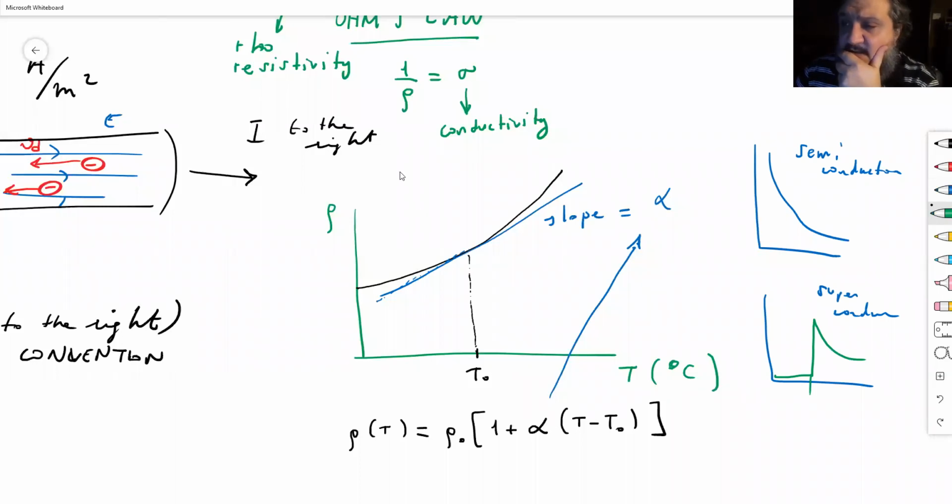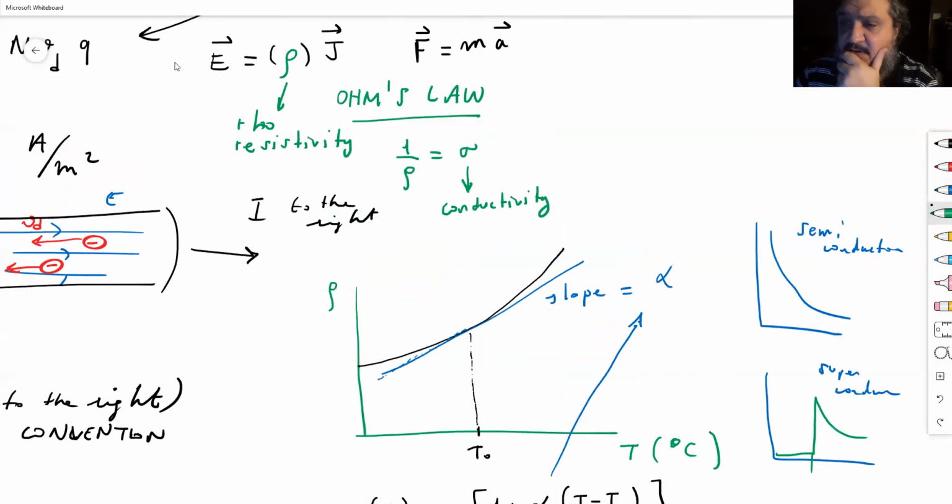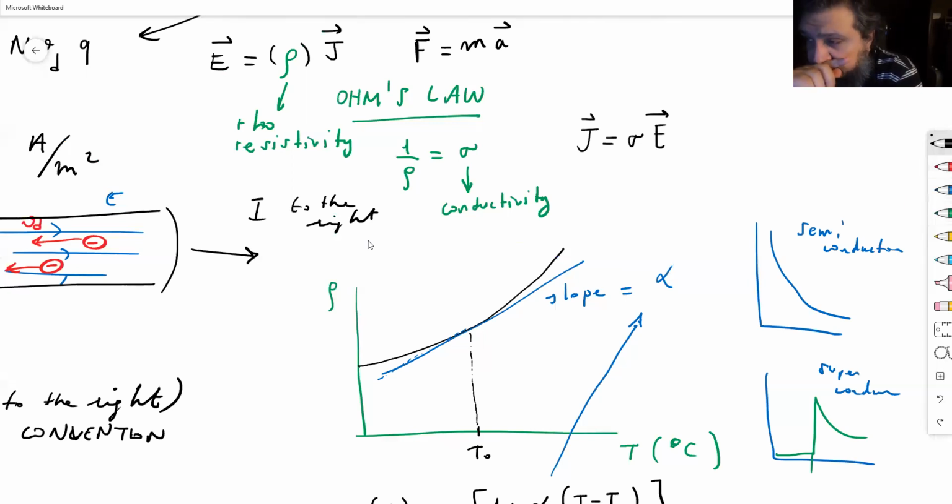Now, this conductivity is the reciprocal of resistivity, all right? And E is equal to rho J, therefore J, the current density, will be equal to sigma, conductivity, times the electric field.